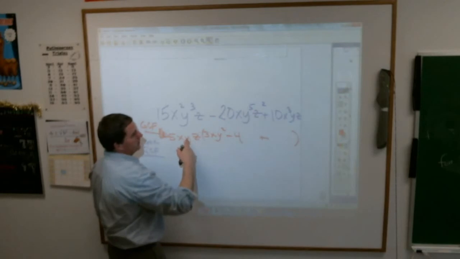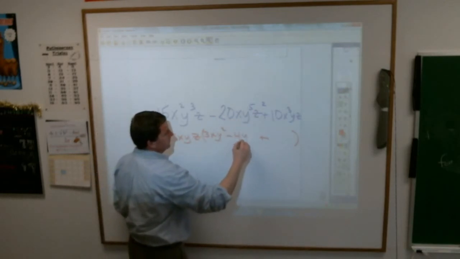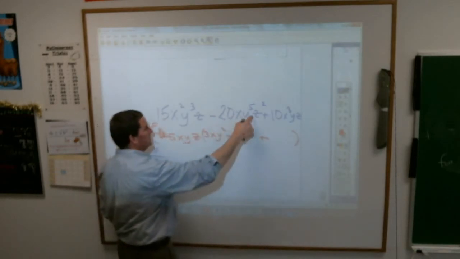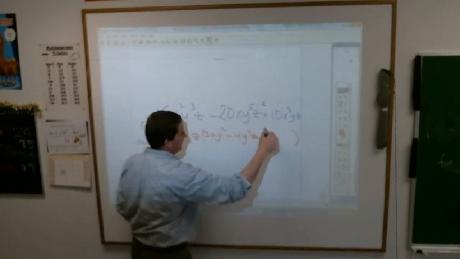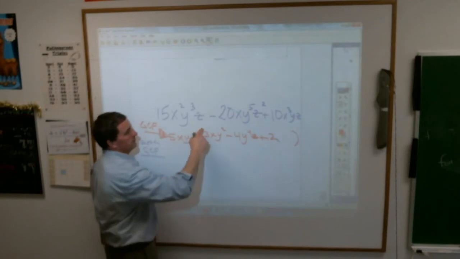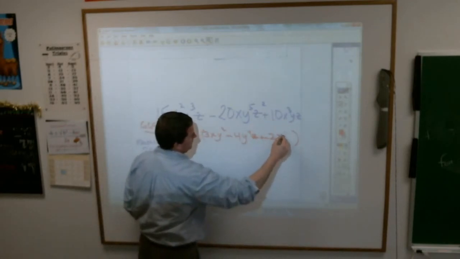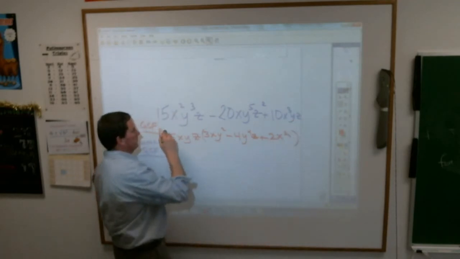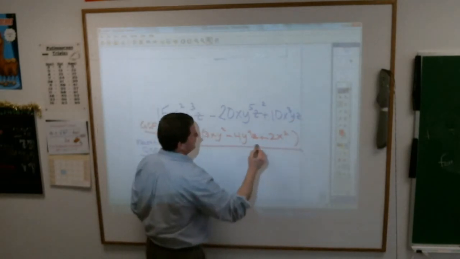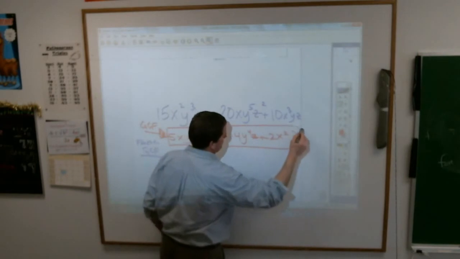X is already there. Y to y to the 5th. Z to z squared. Plus what times 5 gives you that? 2. X times what gives you x cubed? X squared. Already got the y, z. I got that right.